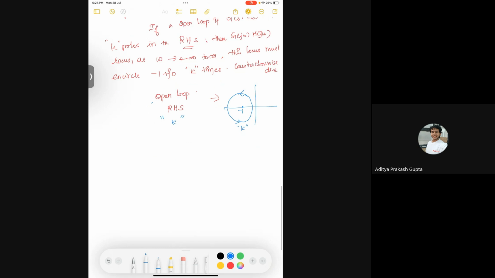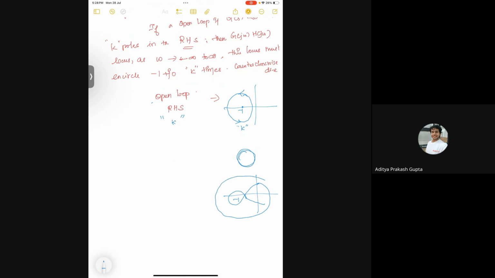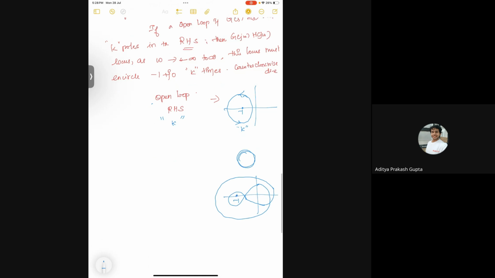Ma'am, counterclockwise number of times, in the sense of the number of times it rotates? Like for example, if this is minus 1, the Nyquist plot might look like this. It is not perfect, but something like this. Both will be in the counterclockwise direction.